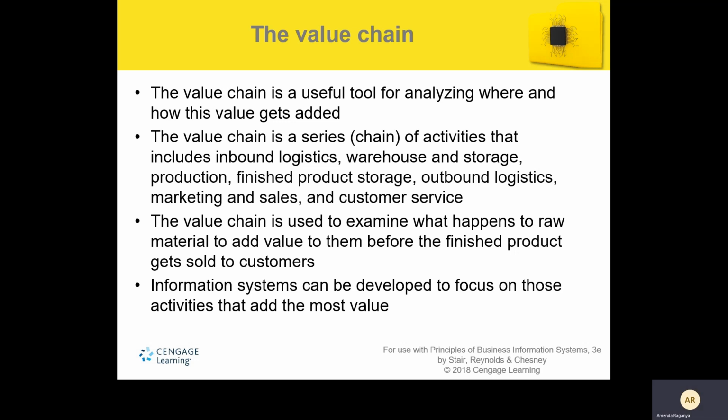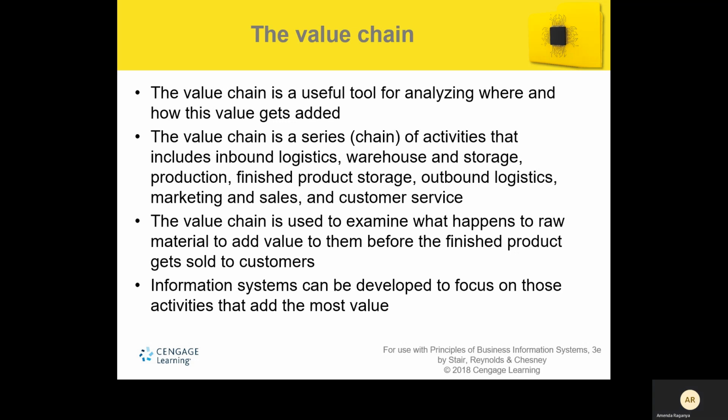And how are we going to be able to achieve that? Quite interesting. We'll achieve that through a series chain of activities that will include inbound logistics, warehouse and storage, production. It will also include finished product storage, outbound logistics, marketing and sales, and also customer service.